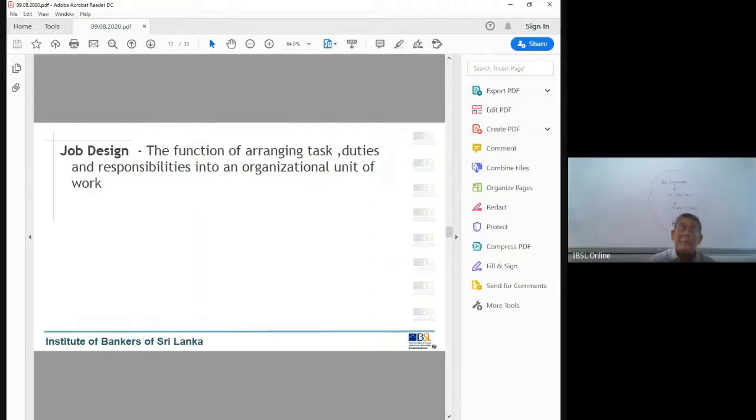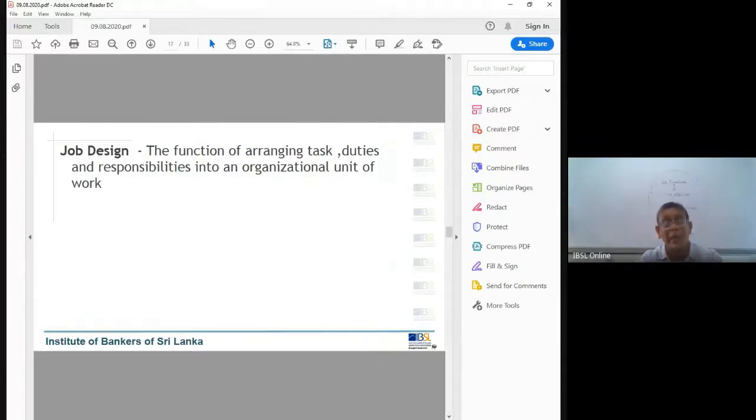So those are building blocks. Likewise, you can write under the job design slide: jobs are the basic building blocks of the organization. Many jobs make up an organization. So therefore, jobs are basic building blocks of the organization.